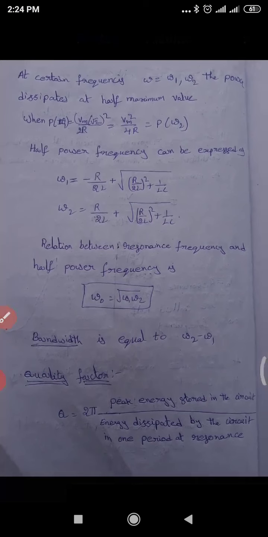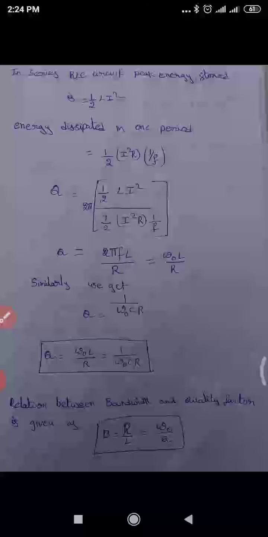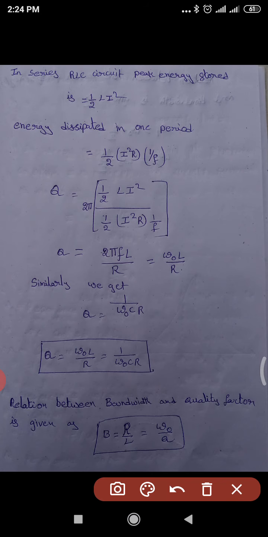Let us see the peak energy stored in the circuit and the energy dissipated by the circuit. If we consider the inductance, the energy stored is expressed as half L I square, and the energy dissipated in one period is expressed as half into I square R into 1 by F.